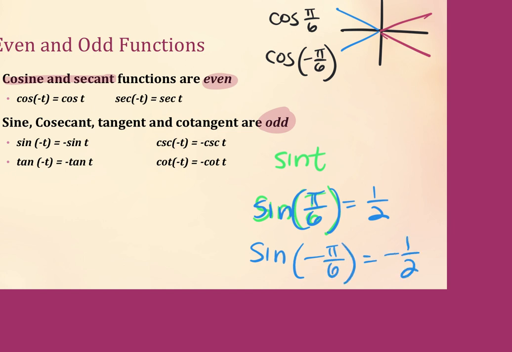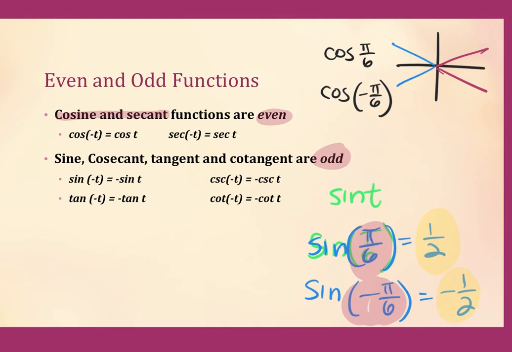So for all the trig functions except cosine and secant, if we change the sign, positive or negative, on the angle, we change the sign on the trig function. That's what even odd means. And that's because the y changes sign from here to here.